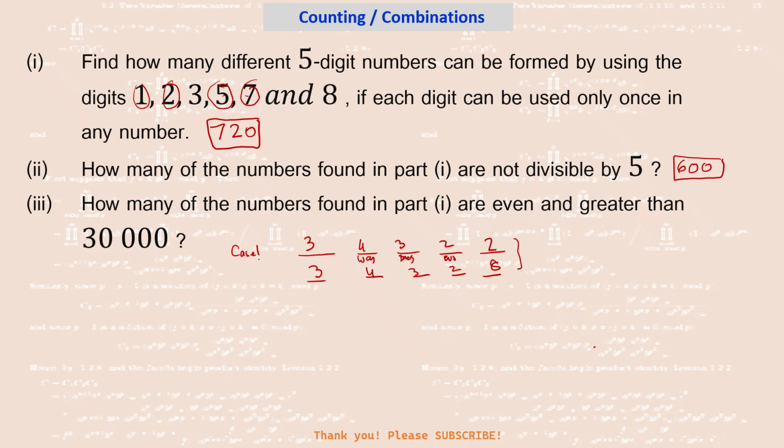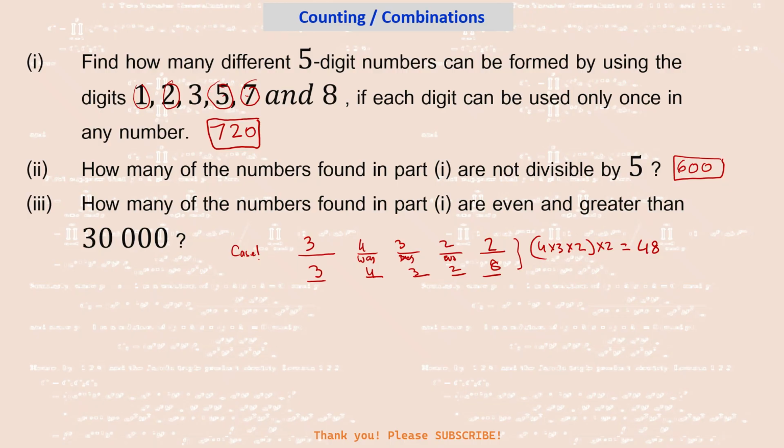So the answer, when it starts in 3, the even numbers possible given the digits, would be 4 times 3 times 2, and then multiplied by 2. So that is 6 times 2, 12. Sorry, 4 times 3 is 12, times 2 is 24, 24 times 2 is 48. So the answer is 48.